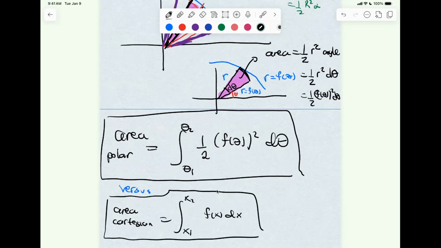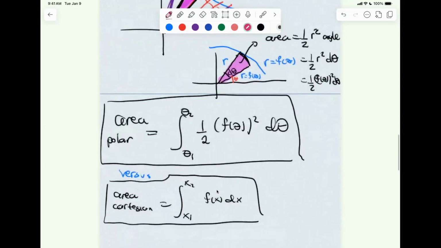So what I was saying last time is that it's always useful to think about it in terms of units, because in terms of dimensional analysis, this has units of length. So length times length is length squared, which is area. And f of theta is representing r, right?